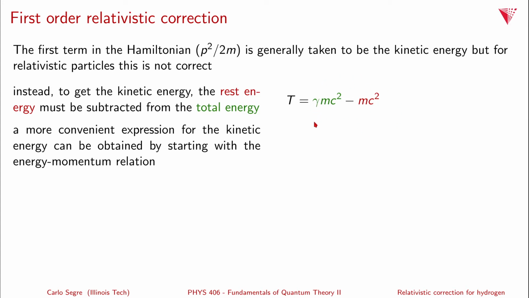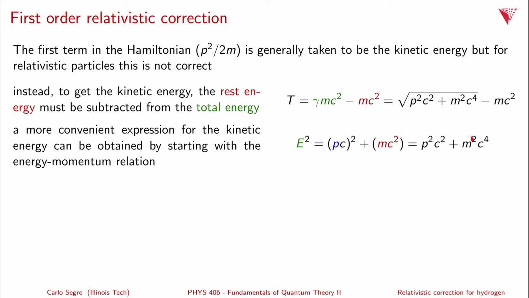We can obtain this by starting with the energy-momentum relation from special relativity. The energy-momentum relation says that E squared, the total energy squared, is equal to the momentum times c quantity squared plus the rest mass squared. Well, if we just multiply that out, it's p squared c squared plus m squared c to the fourth.